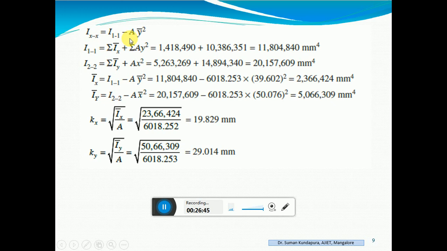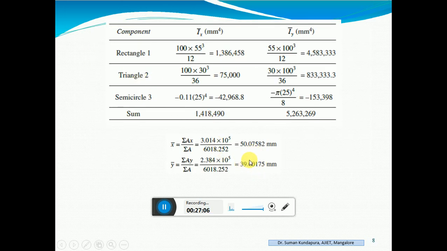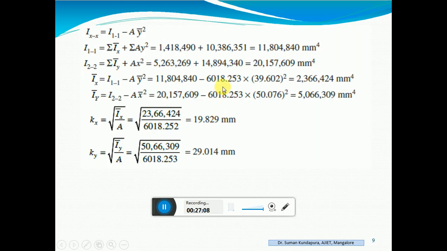Write down the corresponding values and find I11. After that we are supposed to do this step: Ix bar is equal to I11 minus total area into y bar square. Y bar for the whole figure we have found to be 39.602, whole square, into area.